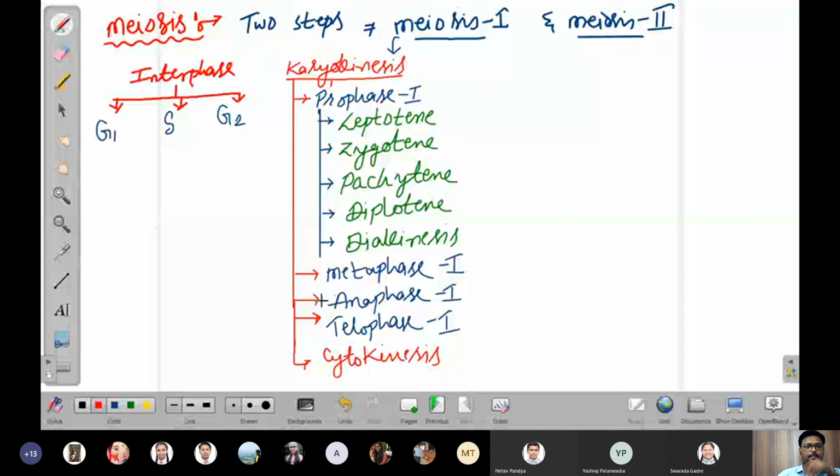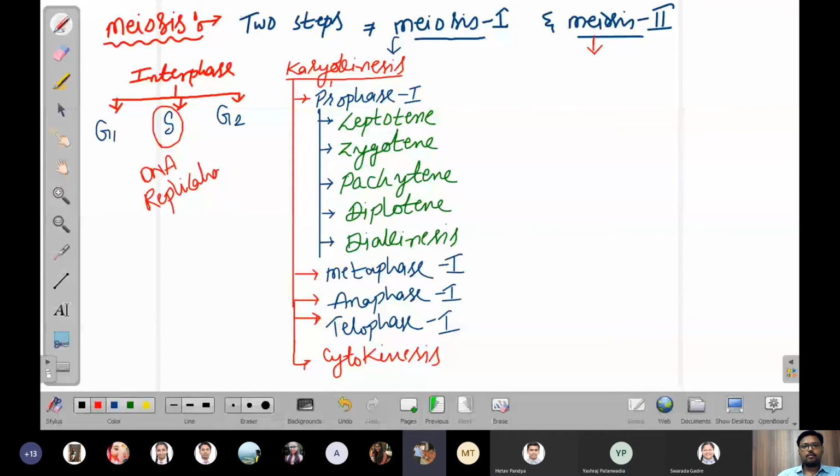Now here, in S phase, what will take place? Replication of DNA. Now again interphase starts, which completes in how many steps?